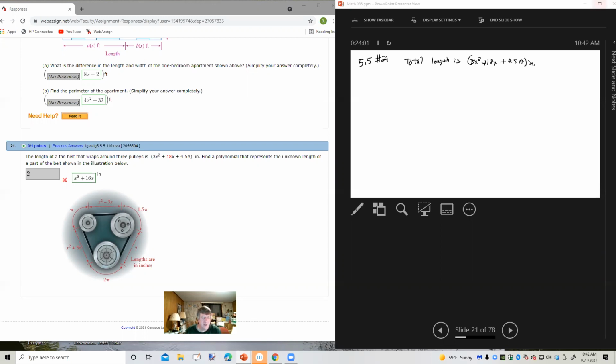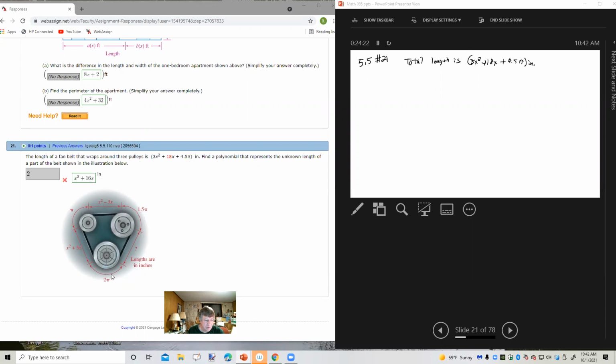So what we're going to do is add up all these pieces here, but not including the question mark. So we'll start here and we'll go all the way around, plus that, plus that, plus that, plus that. We'll get the total of what's given there, and then we'll subtract that from the whole thing to get the missing piece.